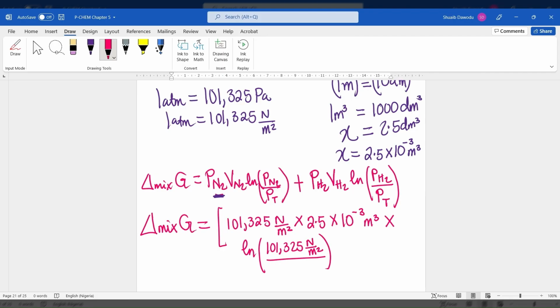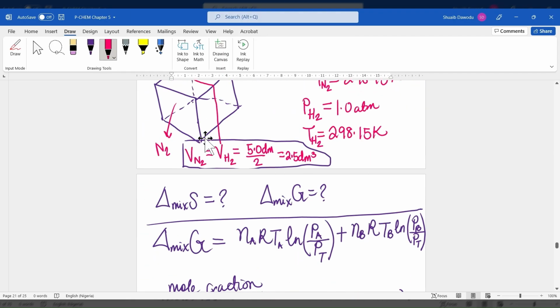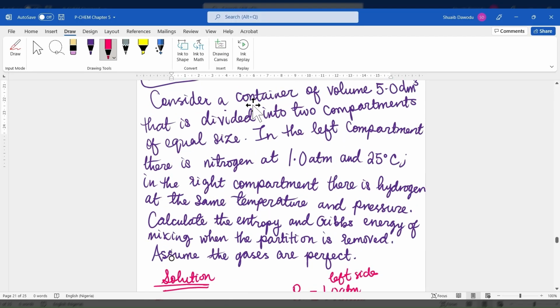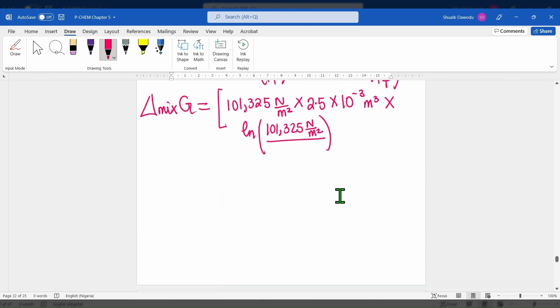Now, I want to quickly mention something to you guys. Remember how the question told us that in the left compartment there is nitrogen at 1 atm, and in the right compartment there is hydrogen at 1 atm. So basically they have the same pressure. If you remember from Dalton's law of partial pressures, let me quickly explain this.